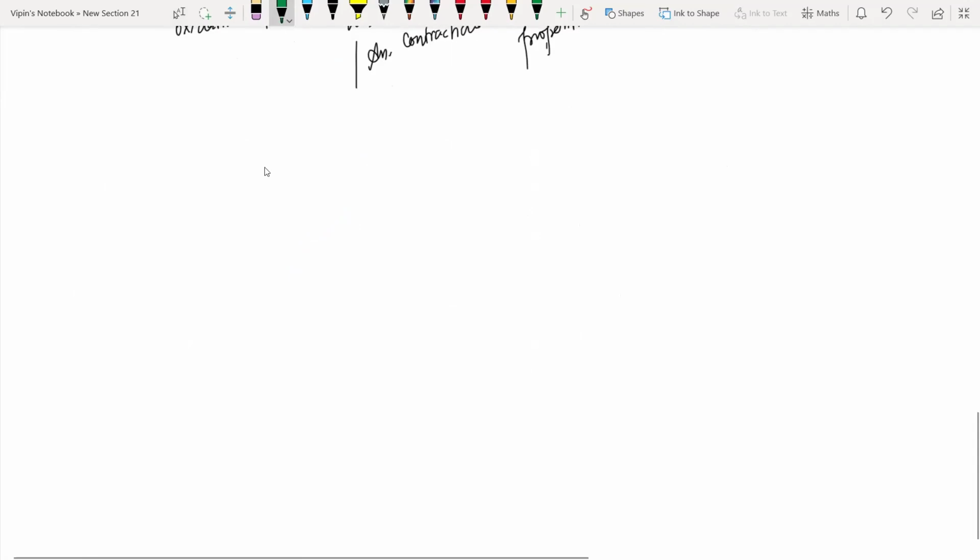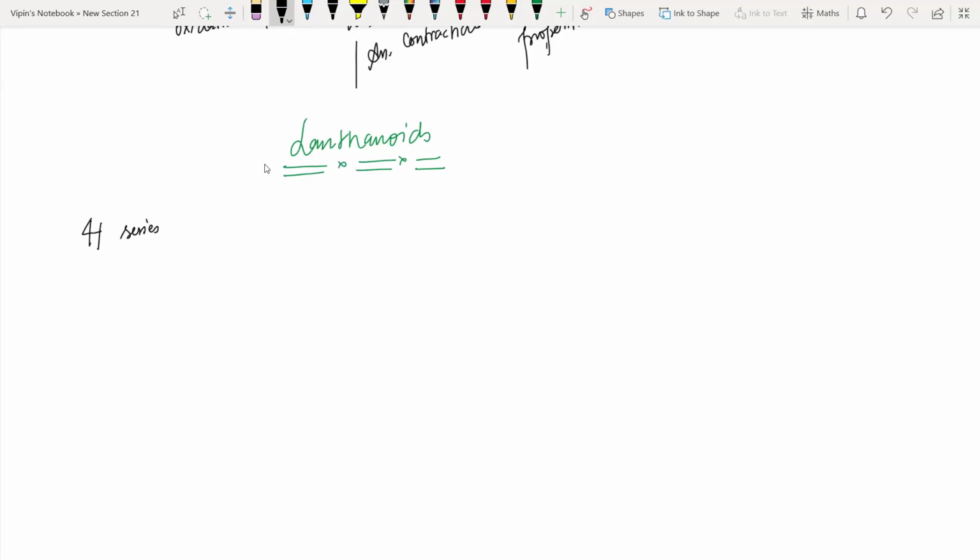Now the lanthanides. The 4f series elements are called lanthanides, ranging from cerium 58 to lutetium 71.